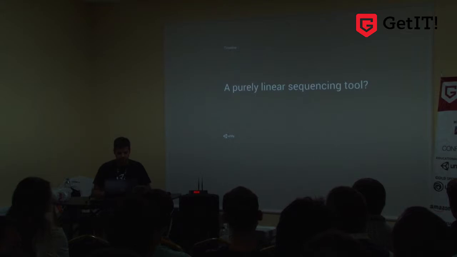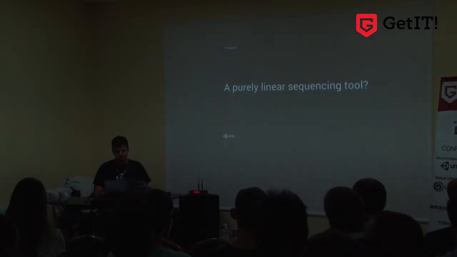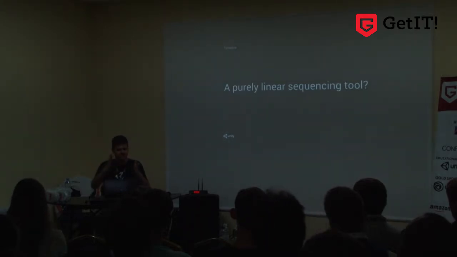So the question is: is timeline a purely linear sequencing tool? Yes, but there are some ways to use it differently. If you look at timeline, you imagine movies, cutscenes, something linear that plays from start to finish.